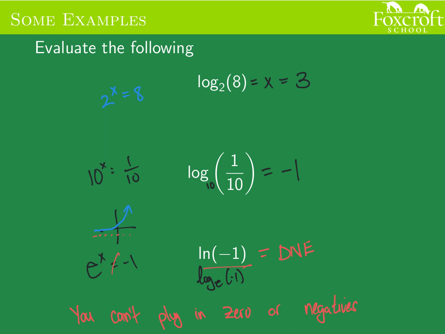So the natural log of -1 doesn't make sense for the same reason the natural log of 0 and the natural log of -10 would not exist, because you can't plug in 0 or negatives. So this is the really bare bones part of logs. What is the definition? Just remember they're related to exponentials. That might help you, and when you're evaluating them, you're thinking about exponents all the time.